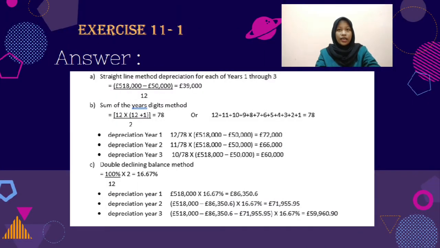Answer E11.1. A. Straight line method depreciation for each of year 1 through 3 in parentheses 518,000 minus 50,000 divided by 12 is 39,000. B. Sum of the year's digits method.